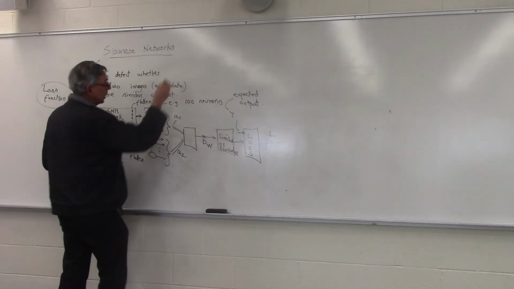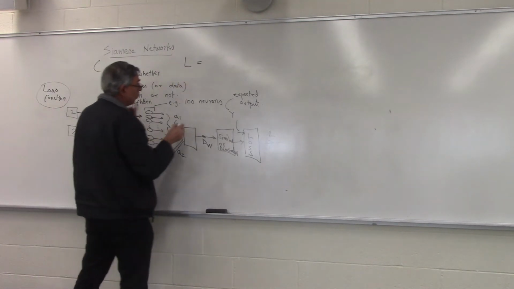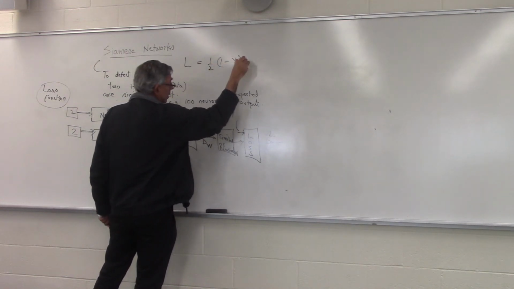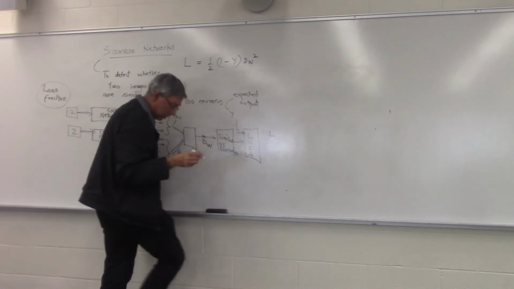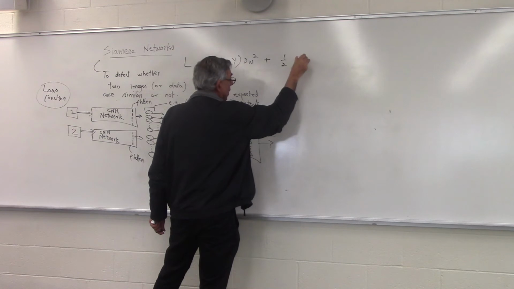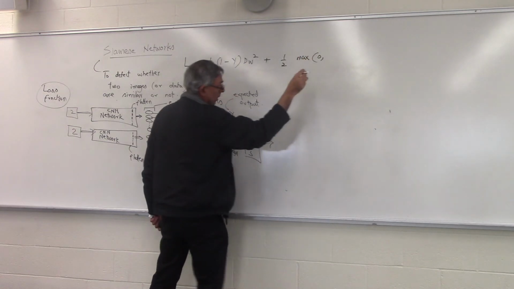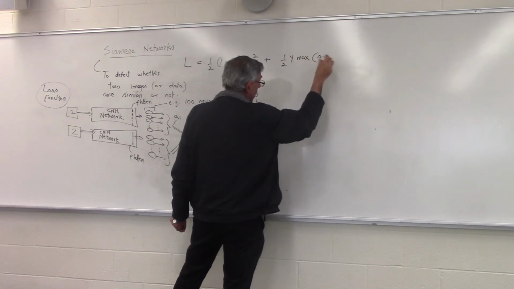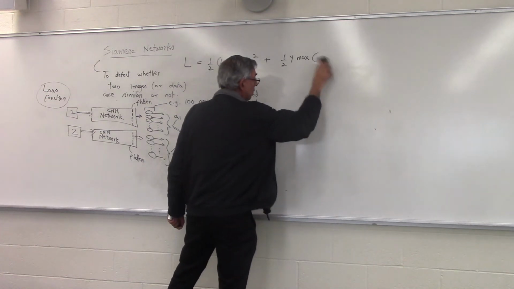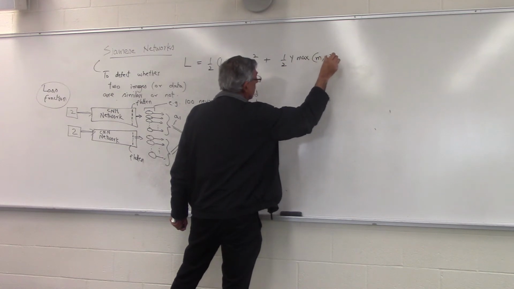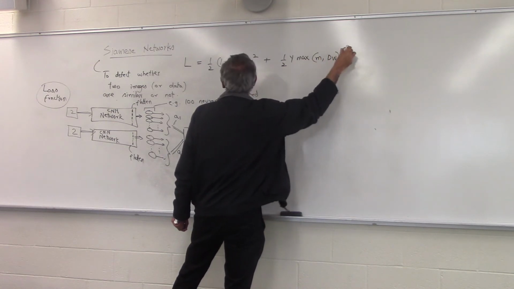Their loss function, which we discussed last time, was half (1 minus Y) dW squared, plus half Y max of 0 and, sorry, max of m and, what was it, dW squared, something like this.